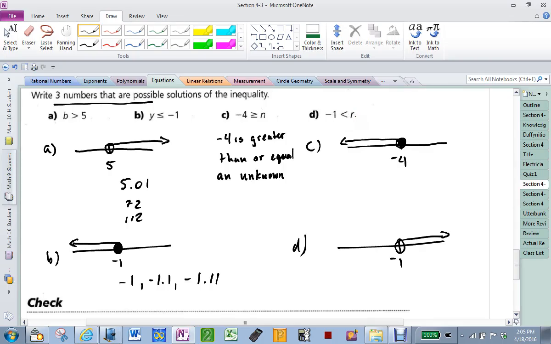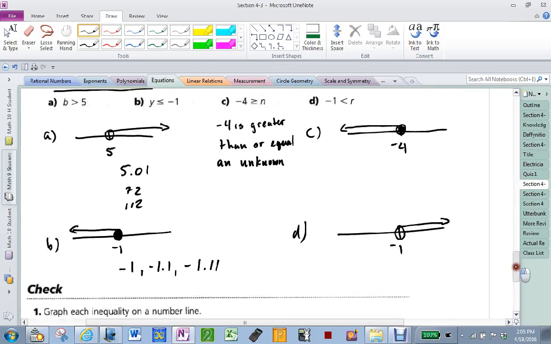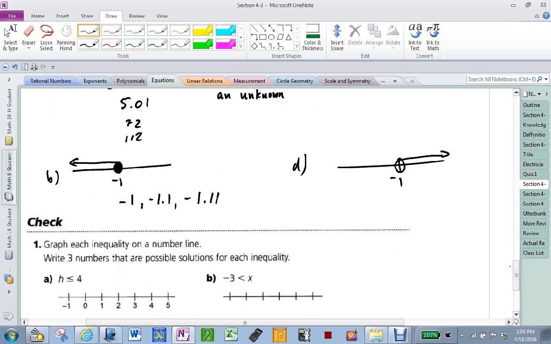Cool? Now, for those of you that cannot understand the math, there's a little shortcut. If it's letter, symbol, number, you graph the same as the sign.